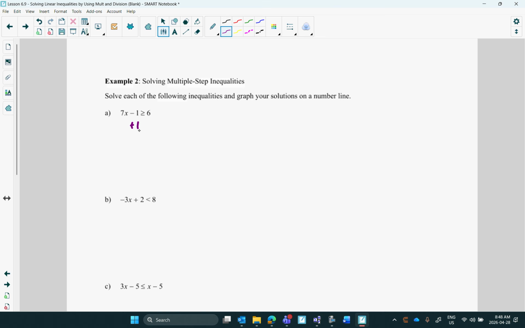Add 1, and I get 7x greater than or equal to 7. Divide both sides by 7, and I get x. Yeah, no reversing taking place. I didn't multiply or divide by a negative.